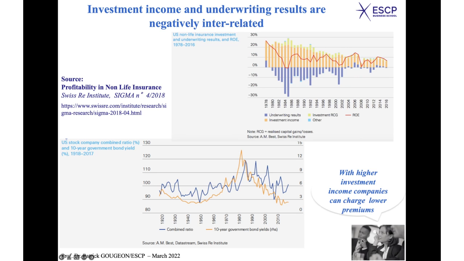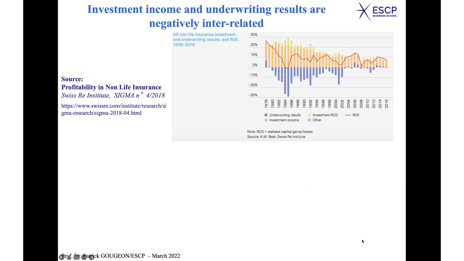And what do you see also in this graph, if I still focus on this one, is that the financial income is decreasing over time, which is due to the fact that interest rates have been moving down over this period of time in the US, okay? And because interest rates are moving down, and because, as we'll see, insurance companies have a lot of bonds, well, their financial income has decreased, and they had to price accordingly.